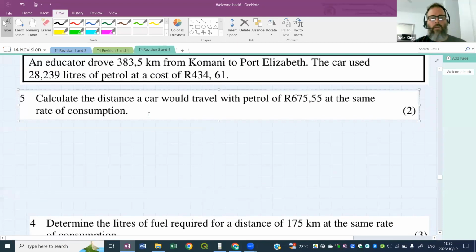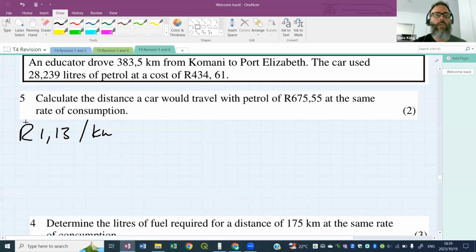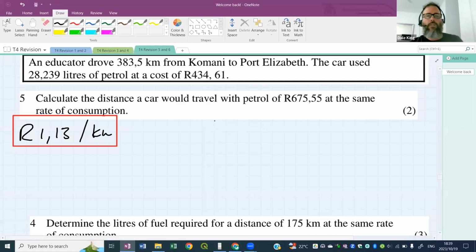I'll stick it up here. There it is. We've got a rand per kilometer rate. Come on, guys. I hope they give you these kinds of questions. That comes from question 3. Calculate the distance a car would travel with this many rands worth of petrol if it's still using the same rate.